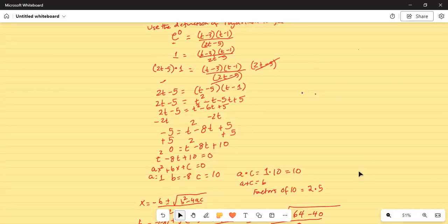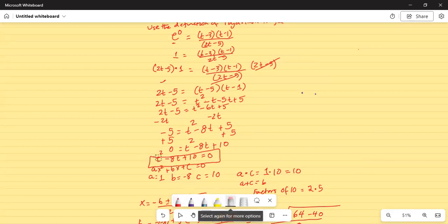Okay, so what is my quadratic equation in t? Let me point that out. It is this one. Let me correct it. This is t squared, which should be inside the square bracket.